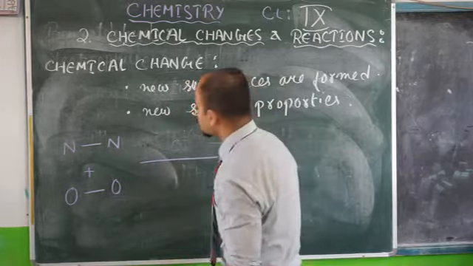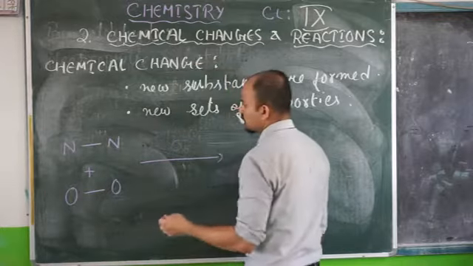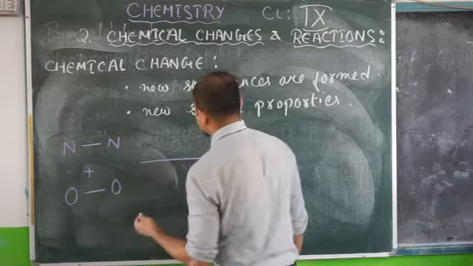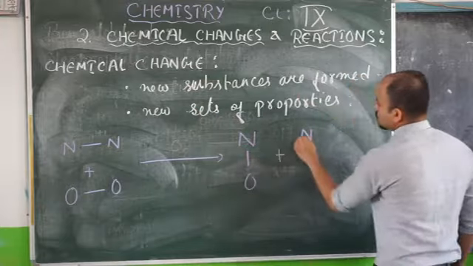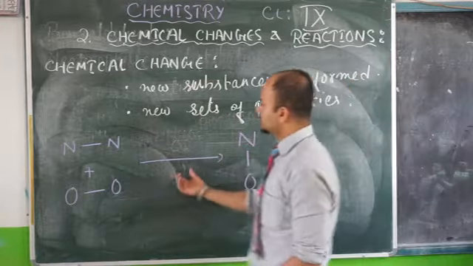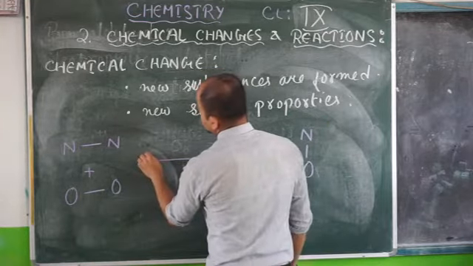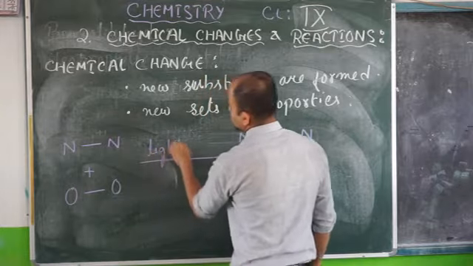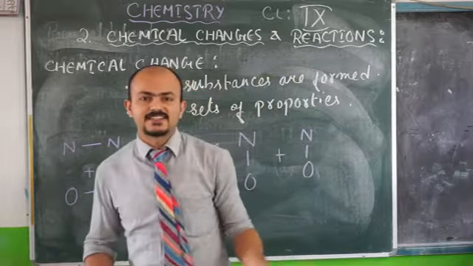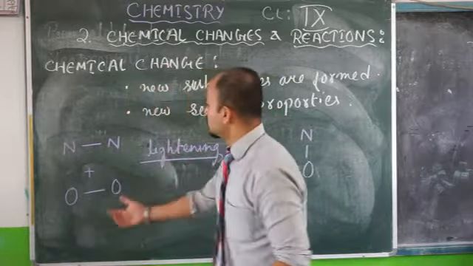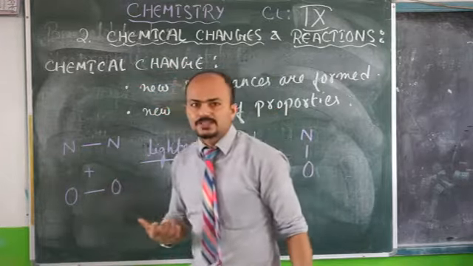Now during thundering, at a very high temperature, a new type of compound will be formed. So here we have lightning, that usually happens these days. The thunder. This nitrogen is present in atmosphere. Oxygen gas is also present in atmosphere.